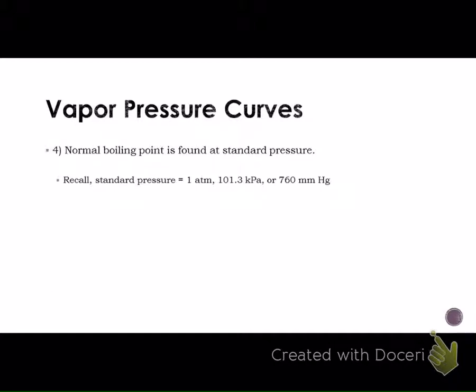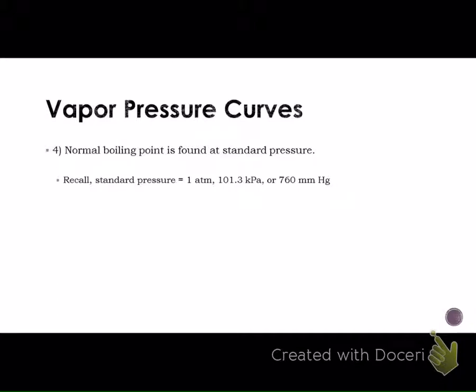So normal boiling point, we talked about normal way back with phase diagrams. So normal just means standard pressure. There are three options right now for standard pressure. They all measure the same thing. It's just a different unit of measurement. So anytime it asks what is the normal boiling point, that's at 1 atm of pressure, or atmospheres, 101.3 kPa, kilopascals, or 760 millimeters of mercury.